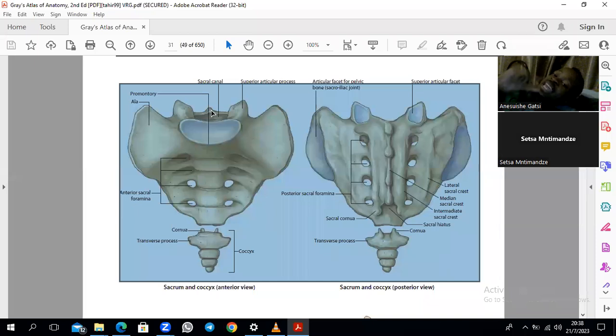Pia mater ends where the spinal cord ends, and it continues as a purplish filum terminale, which comes to attach on the coccyx. So the filum terminale is also going to be a content of your sacral canal.